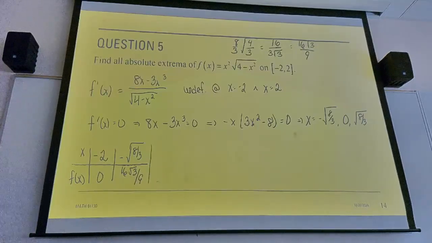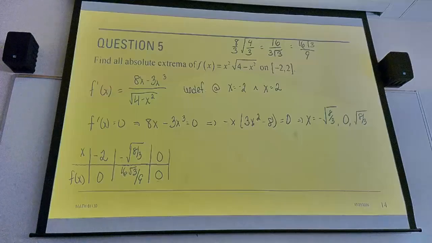What's f of 0? 0. What is f of root 8 thirds?